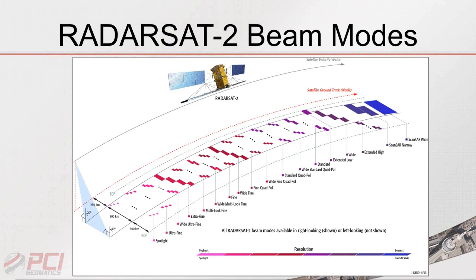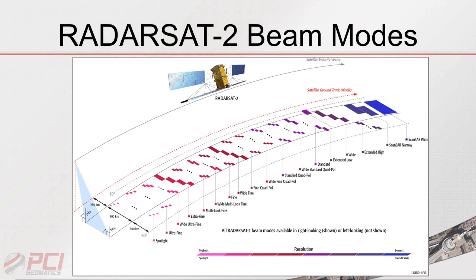Starting down at the bottom left-hand side, we have our high-resolution modes. So Spotlight is the primary example of that, which offers a 1-meter resolution with a swath width of 18 kilometers by 8 kilometers.